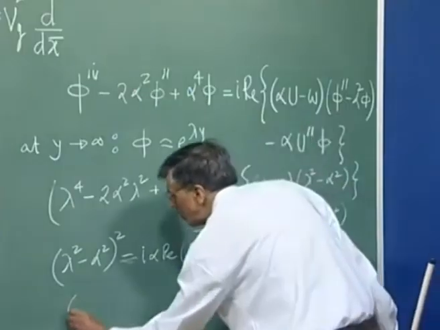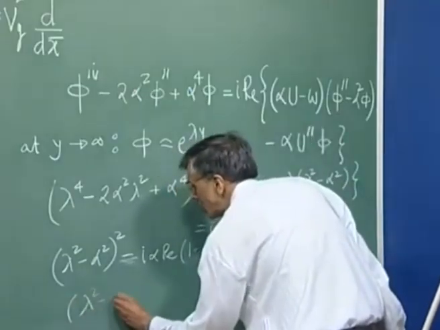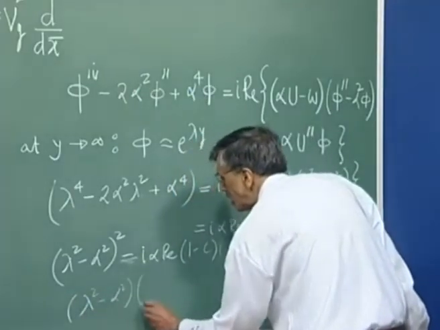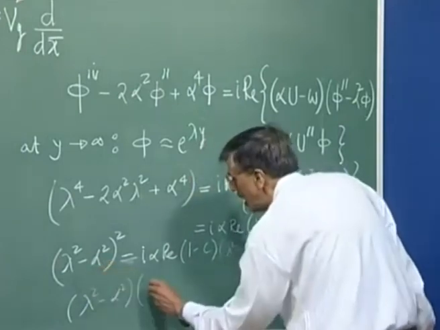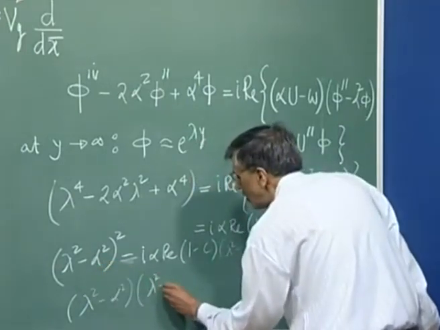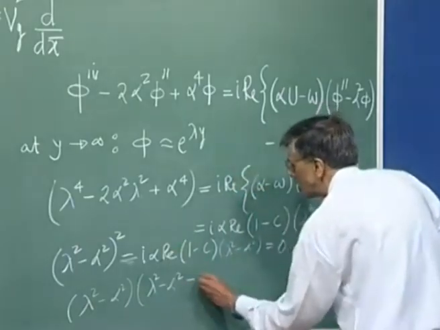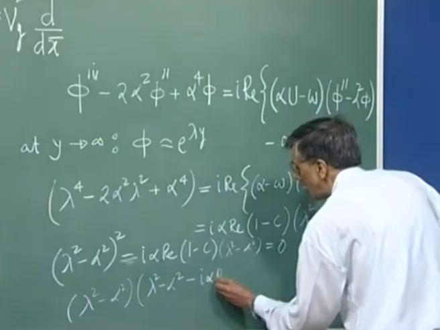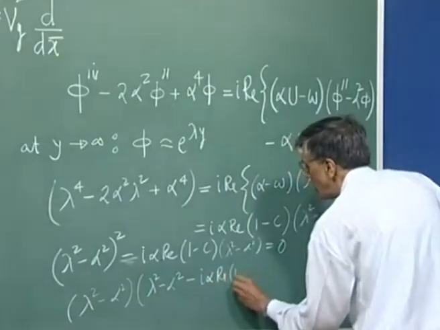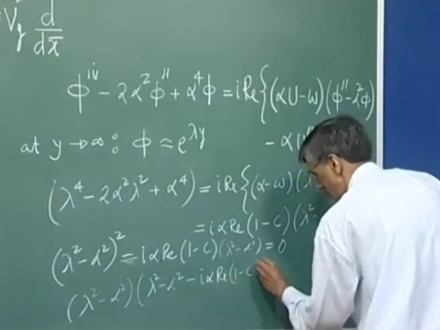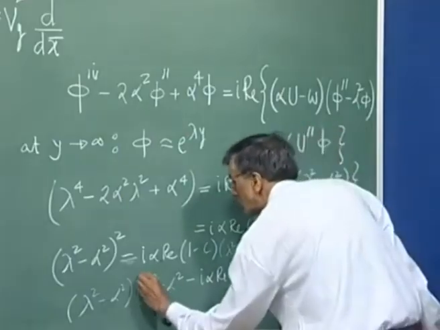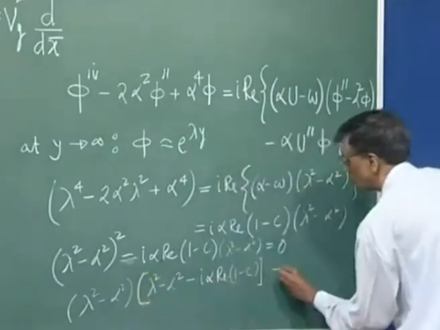So, you take lambda square minus alpha square common, and then I will get from here lambda square minus alpha square, and from here I will get this i alpha R e 1 minus c, well, put it in a square bracket, and this is what it is.